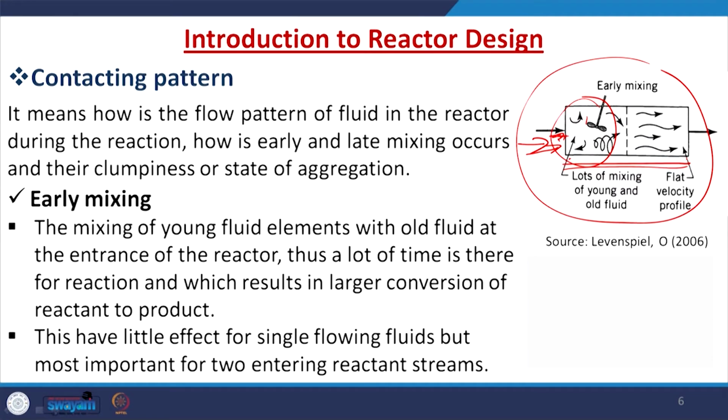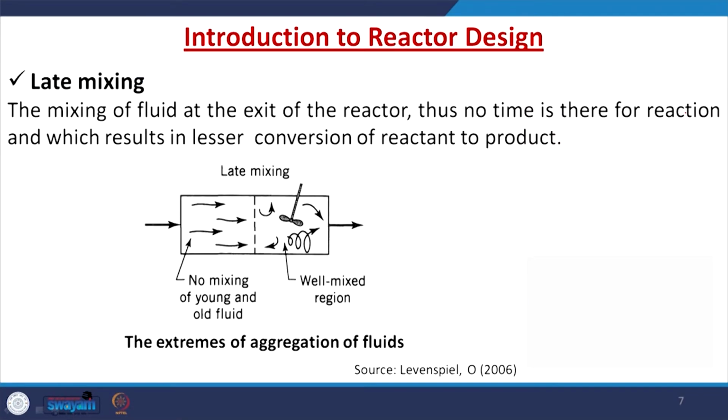Now this will have little effect on a single flowing fluid, but most important is for the two entering reactant streams. I gave you that if there is a two-entrant scheme, then it may create a good result in due course of time. So this is something like this, and sometimes during the course of time you may achieve a flat velocity profile because of the stagnancy in the mixing pattern.